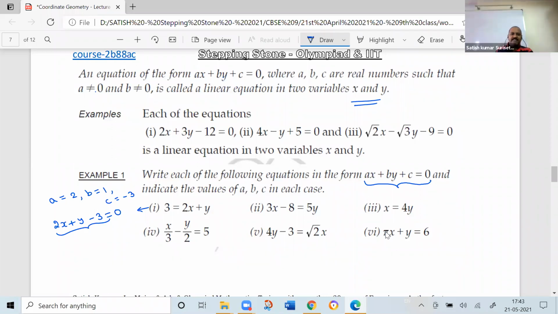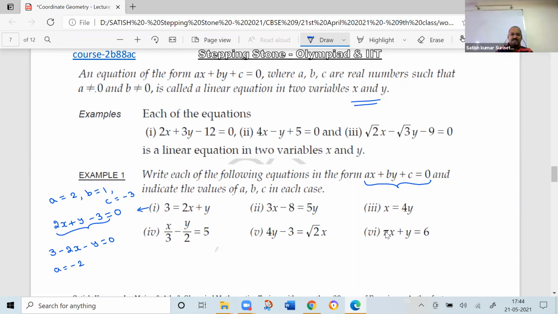Suppose if I take all the terms to the left side, then it will be what? 3 minus 2x minus y equal to 0. Now tell me in this case what are the values of a, b, c? a equal to what? So is it 3? No, a equal to minus 2, the coefficient of x only.